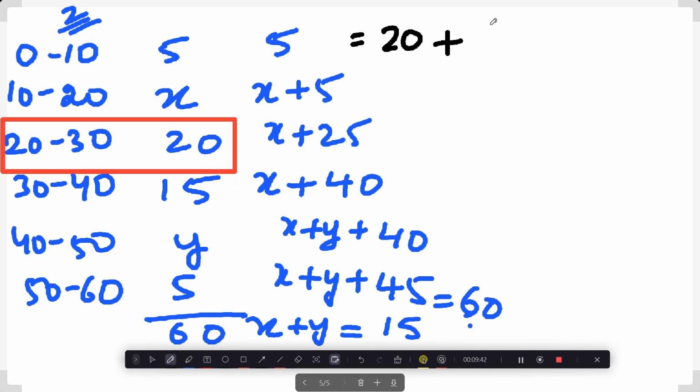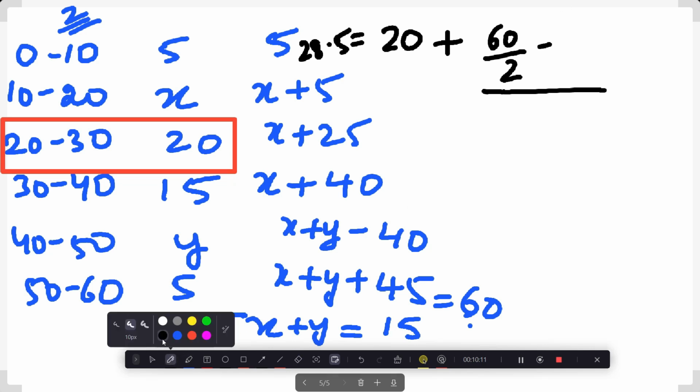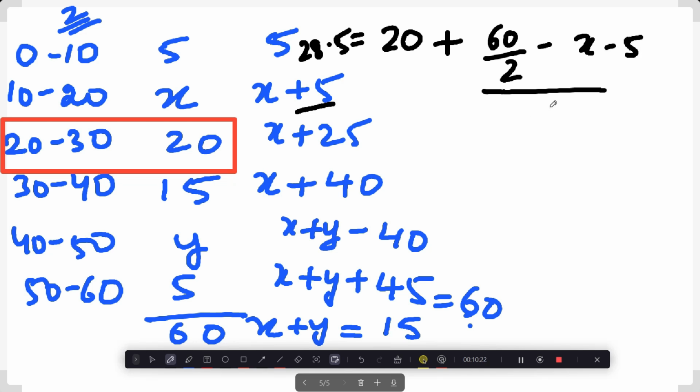Or you can even say 60 by 2, minus the cumulative frequency of the previous one, ये है ना, x minus 5, divided by the frequency of this, which is 20, into 10, ये कट गया. 28.5 equal to, so this is 30 divided by 2 is 15.